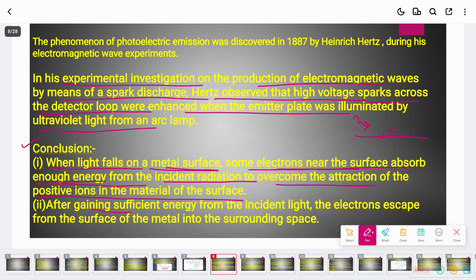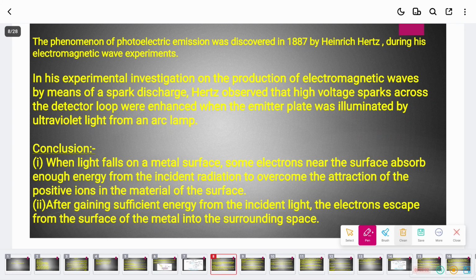After gaining sufficient energy from the incident light, electrons escape from the surface of the material into the surrounding space. Now after gaining more energy, this electron is coming out of the surface. Yes or no? Now these electrons are called photoelectrons, already you know.